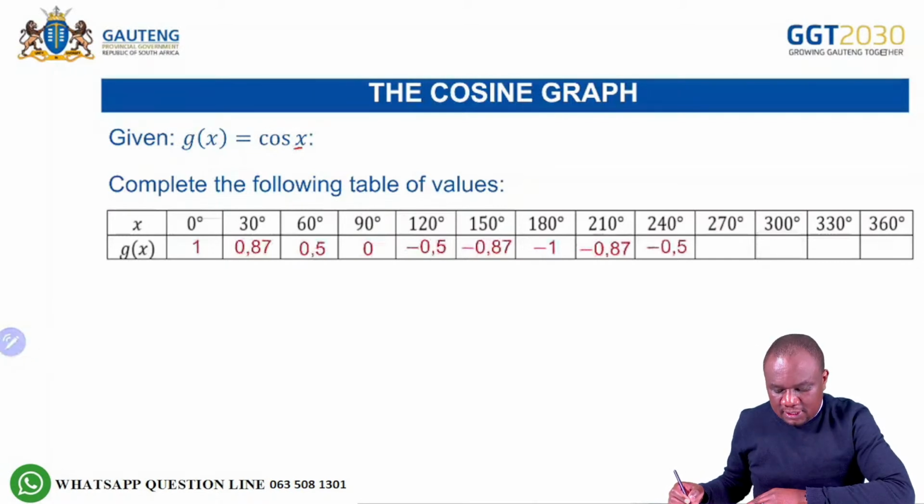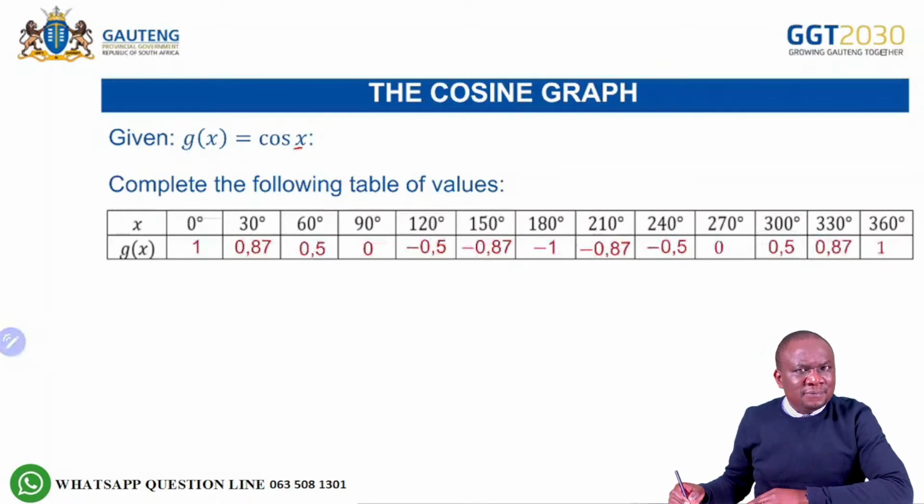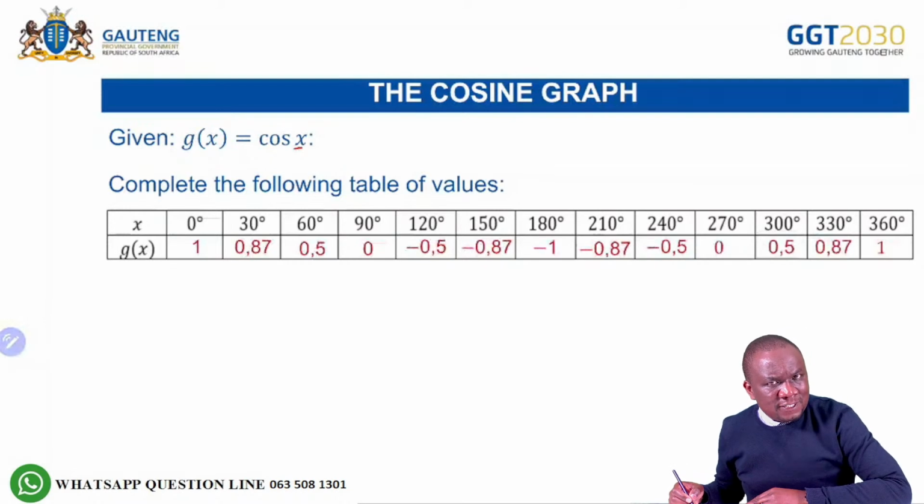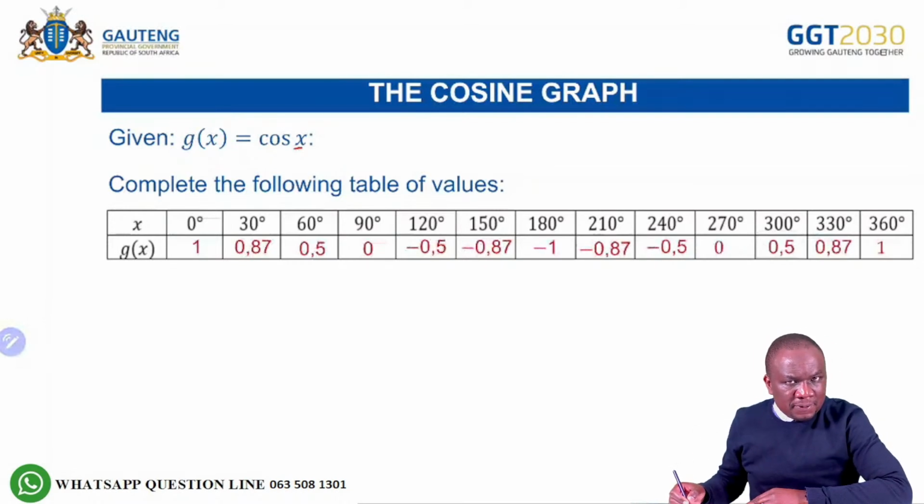Cos 240 degrees, that is negative 0.5, and then cos 300 degrees 0.5, and then cos 330 degrees 0.87. What is cos 360 degrees? It is 1. But sine 360 degrees was what? Was 0. Do you remember?